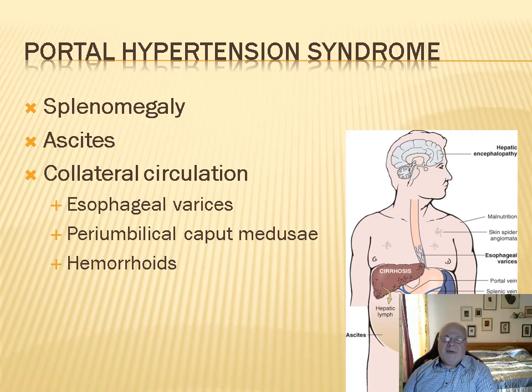These territories are the inferior segment of the esophagus, the rectal segment of the digestive tract, and the skin surrounding the umbilicus.